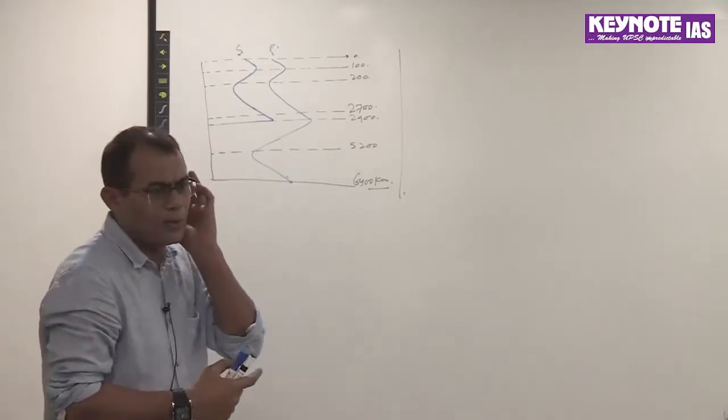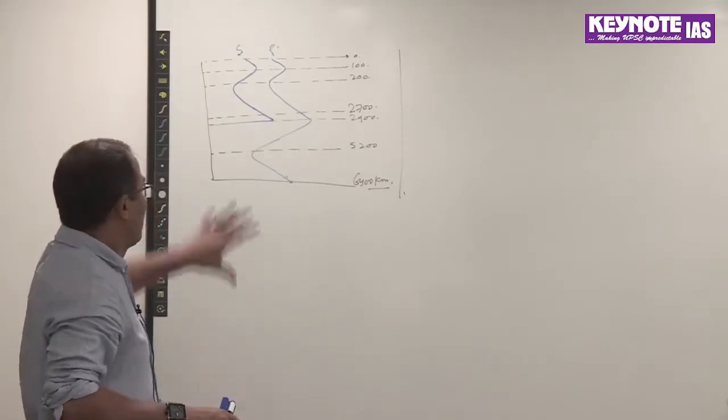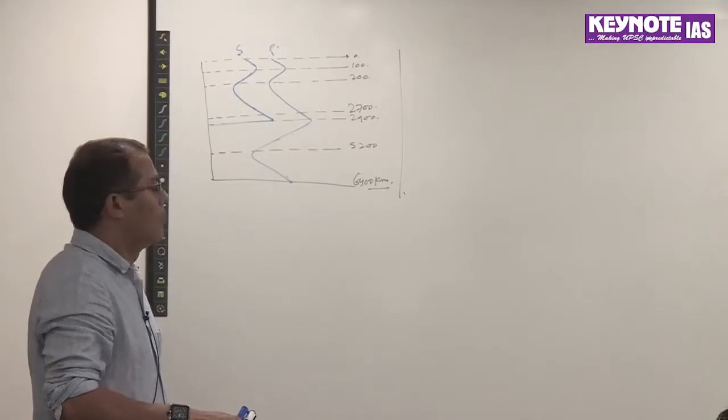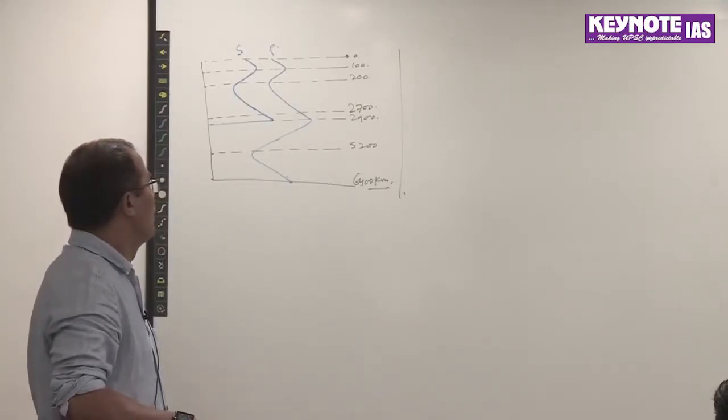You can take this diagram from Saminder Singh also. Even almost every book writes about this diagram, the varying speed of the waves, especially P and S wave, in the interior of the earth.